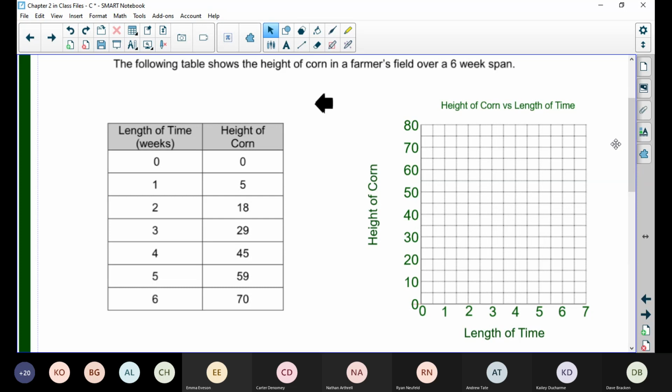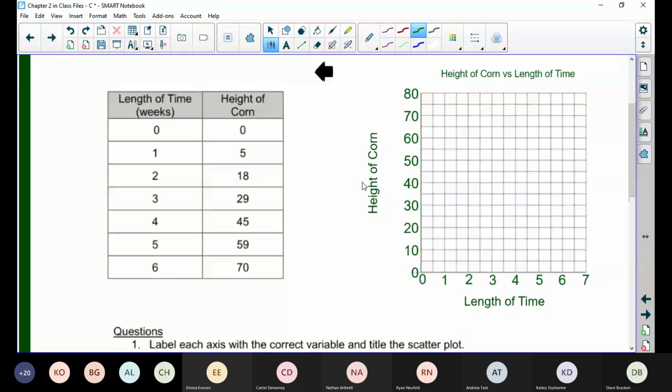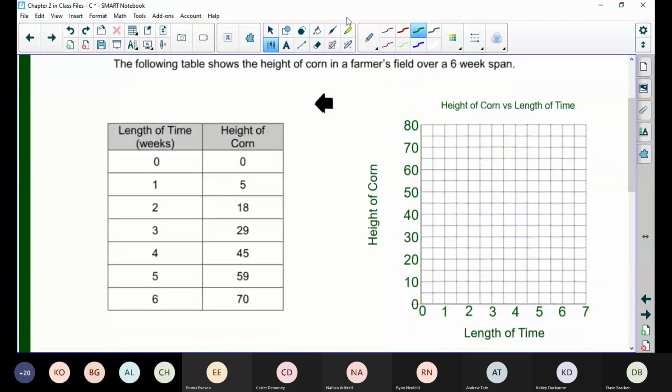Once you get those two scales done, plot your 7 points onto this graph. And then I want you to answer the 5 questions down below, okay?